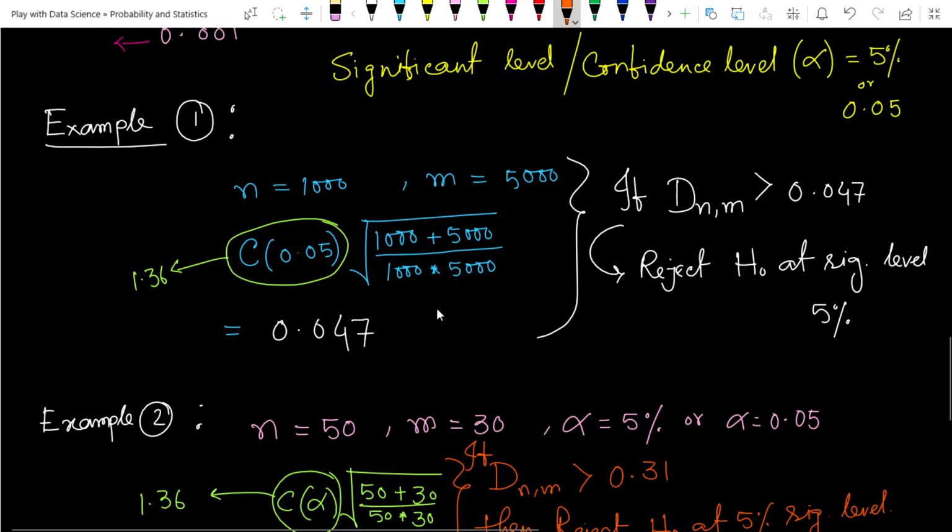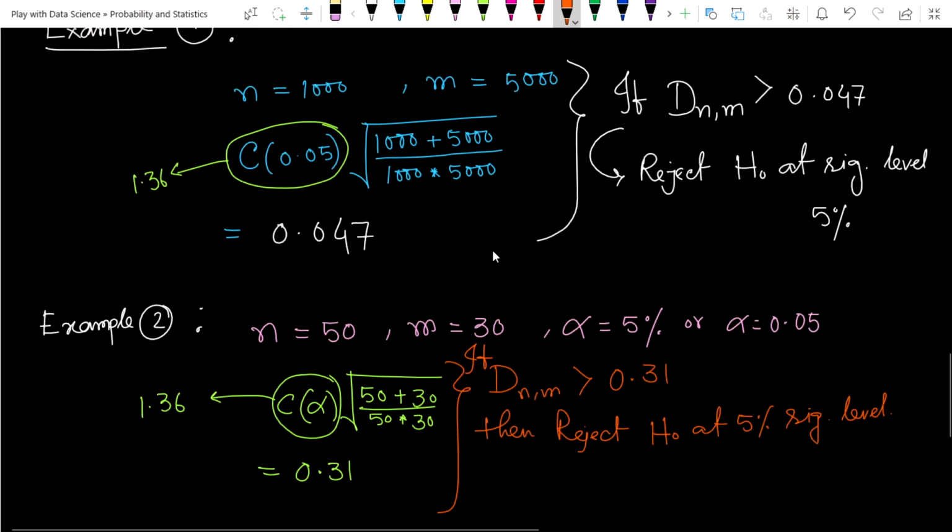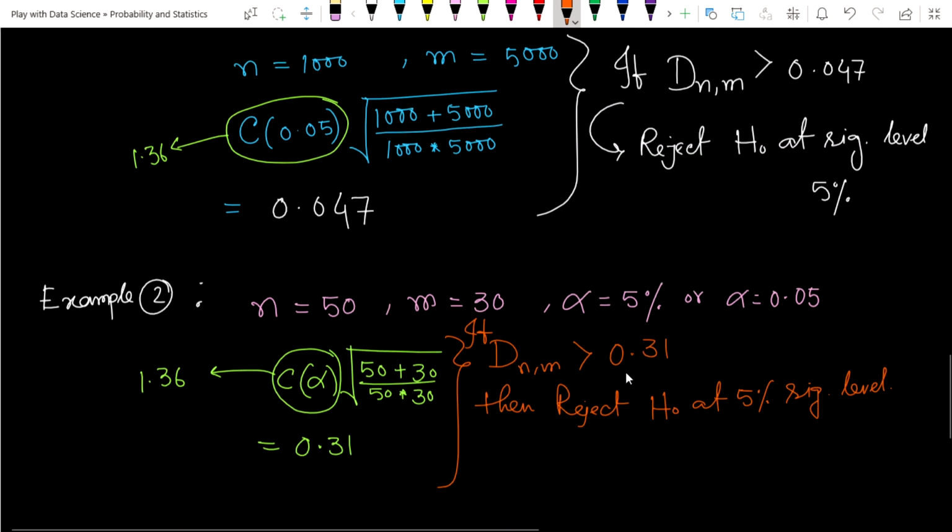Just see this thing: if you simply change the sample size, the difference value is much smaller. If you decrease the sample size, the difference value will be larger.